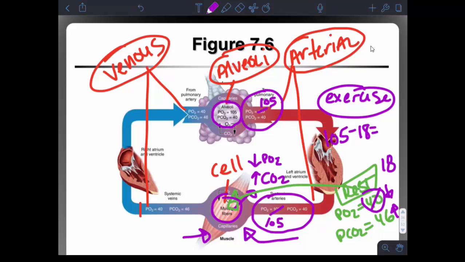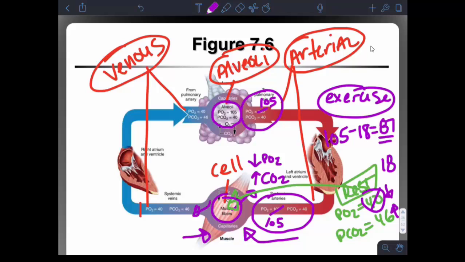You can see that we will now have a pressure gradient between the cells and that capillary blood of 87 instead of 65, which means there's a stronger gradient moving oxygen, which means oxygen is going to move out of the blood into the cell faster, and therefore we're going to end up with less oxygen left in the blood when it enters the veins.